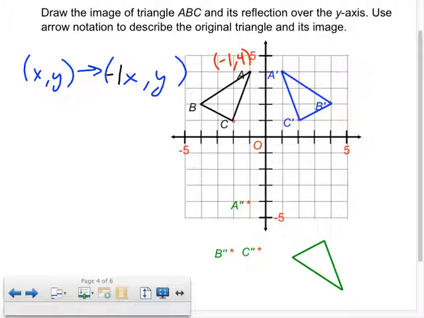Okay. Can I get you to do b for me? What's the image of b? Nice. Perfect. Good. Joshua, can you tell me what C is going to be?